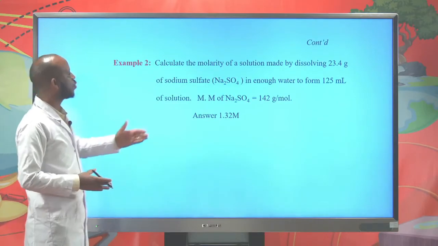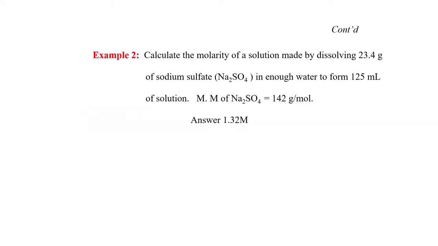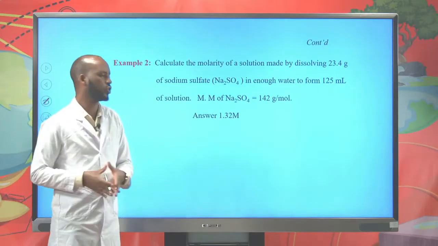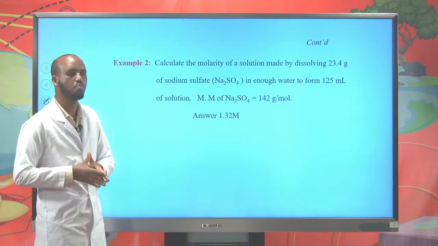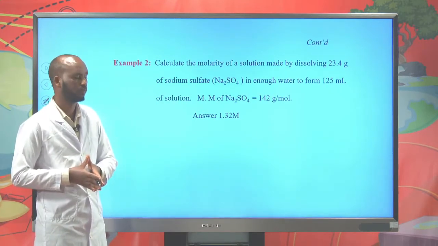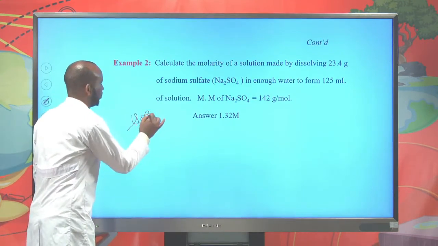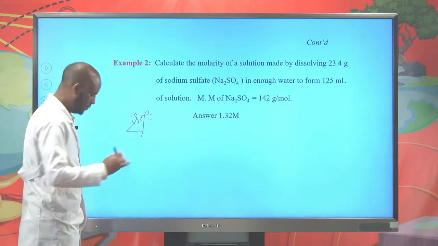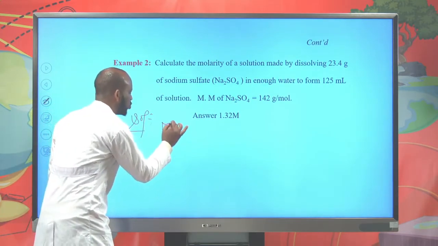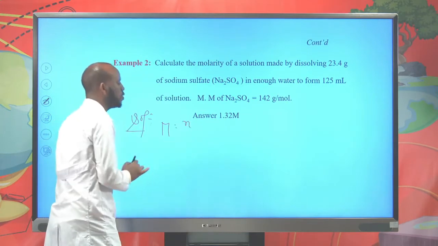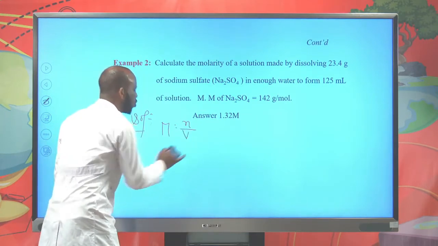Example 2. Calculate the molarity of a solution made by dissolving 23.4 gram of sodium sulfate in enough water to form 125 milliliters of solution. Molar mass of sodium sulfate is 142 gram per mole. Let us do together. Molarity equals number of moles of solute divided by volume of the solution.